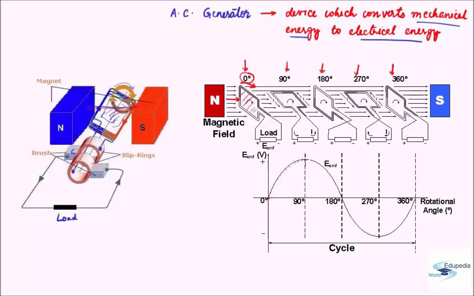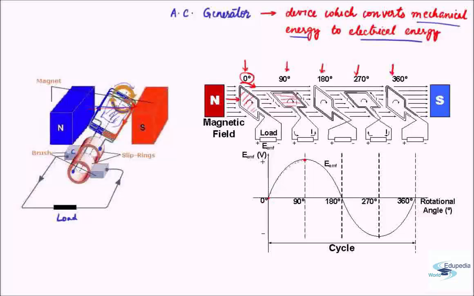It reaches a peak at 90 degrees. What is the 90-degree location? The 90-degree location is when the plane of the coil is parallel to the direction of the magnetic field. Under this circumstance, zero magnetic flux is passing through the coil. Therefore, the chance for change of magnetic flux is the maximum at this location, right?